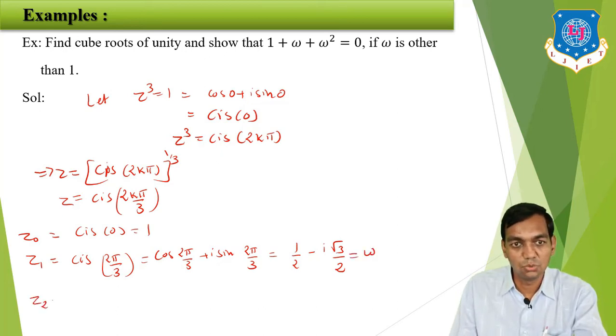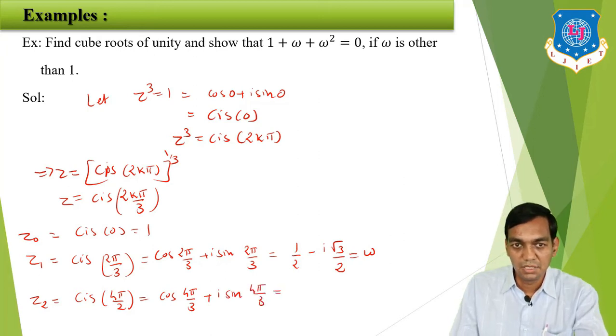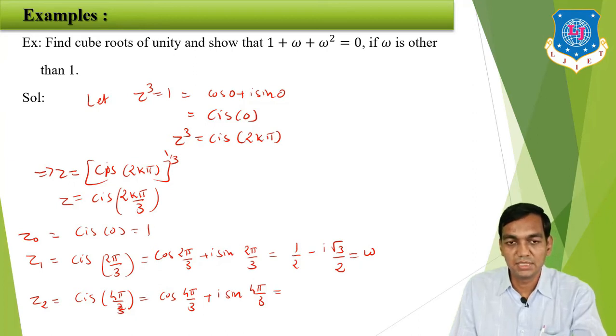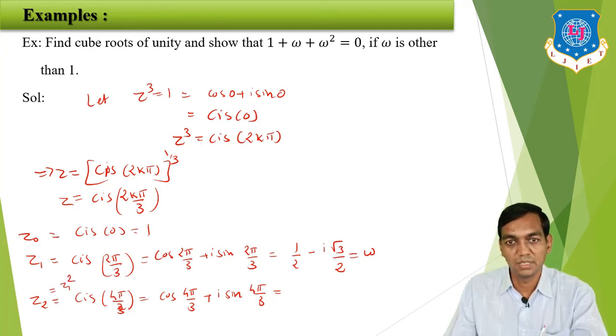Then Z2 is cis 4 pi by 3, and it is nothing but cos 4 pi by 3 plus i sin 4 pi by 3. If you are simply checking that, then this is nothing but Z1 square, cis whole square, that is 4 pi by 3.